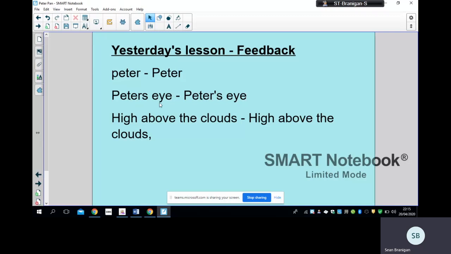Peter's, I mean, the I belongs to Peter, so it should have an apostrophe to show that it belongs to him. And fronted adverbials, we've been talking about fronted adverbials since September in year 4. They should be punctuated with a comma. So one example that I had yesterday was high above the clouds.